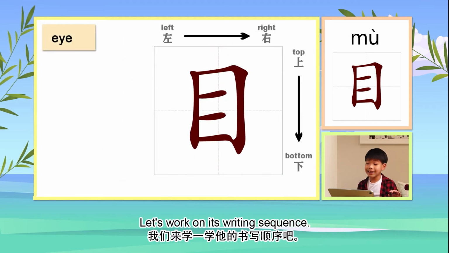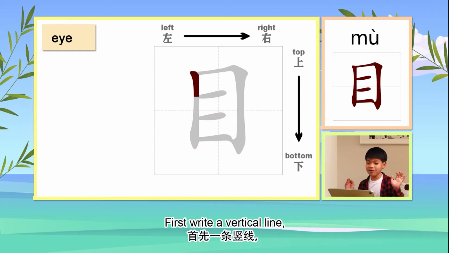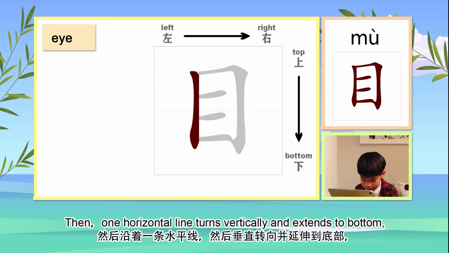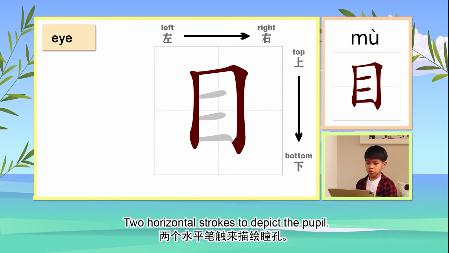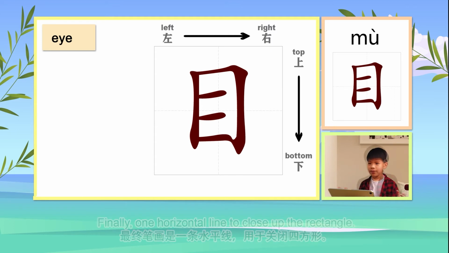Let's work on this writing sequence. First, write a vertical line. Then, one horizontal line turns vertically and extends to the bottom. 2 horizontal strokes to depict the pupil. Finally, 1 horizontal line to close up the rectangle.